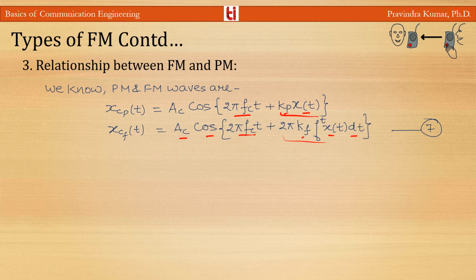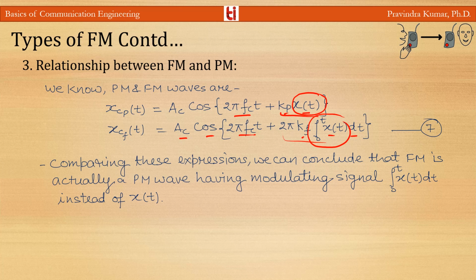So, comparing these expressions, we can conclude that FM is exactly PM with the modulating signal being the integration of x(t) dt. So instead of x(t), we can have FM as PM, but the modulating signal will be the integrated version of the modulating signal instead of the signal x(t).